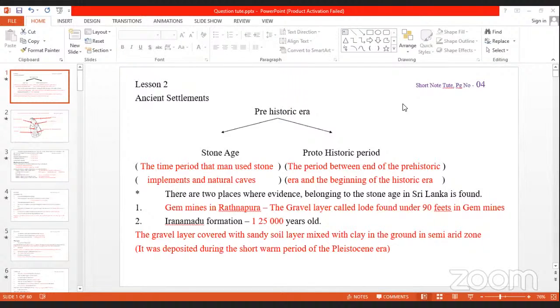I'm introducing you to some of the possible questions that may come, and I'm giving the answers to fill in the blanks. The main thing is the discussion, and fill in the blanks we can do by seeing the slideshow. I think you understood what we have to do.